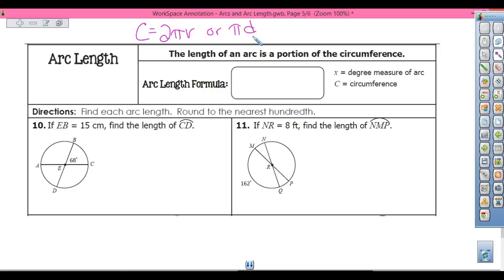Okay? So, if it's a portion of our circumference, what we're going to do is take the degree measure of our arc, divided by 360, and then multiply it by the circumference, by 2 pi r.